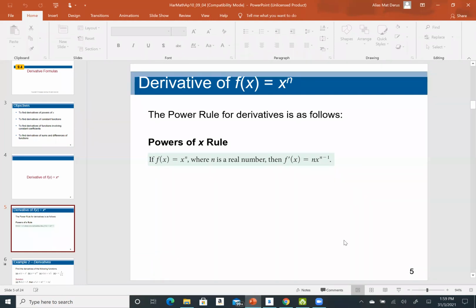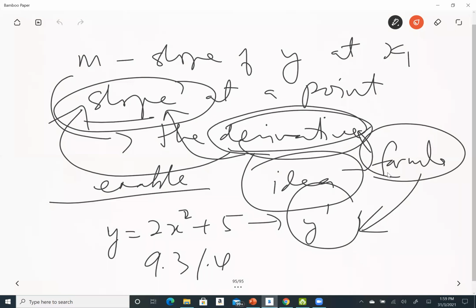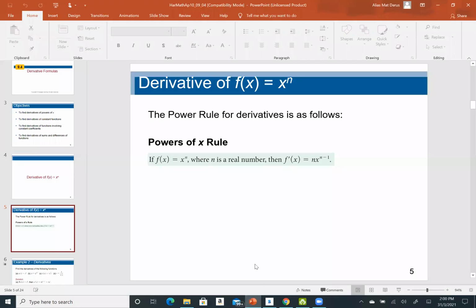So if you look at this example here, this is what you call the power rule. So rule number 1 is the power rule. I write down, okay, and then we go back to the rule, the formula. You have a simple function, x to the power of n, where n is the real number. What is the derivative? You look at the screen, you write it down, how you get the derivative.